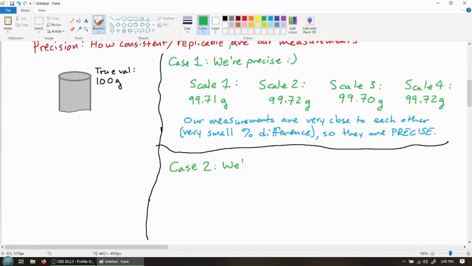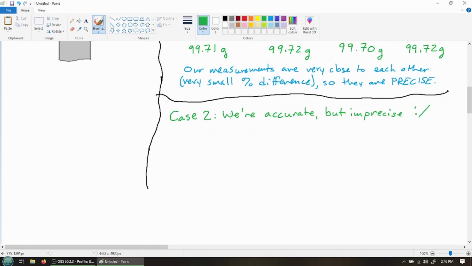So let's say for this case, we're accurate but imprecise. Okay. Oh, that mouth. That didn't look right. That doesn't look right either. It's hard drawing emoticons on here. All right, a winky frown, that works.